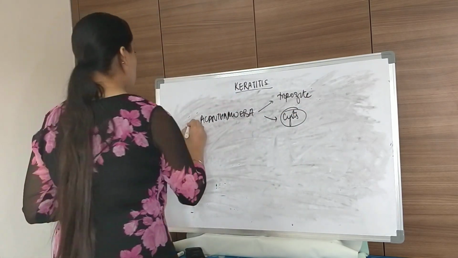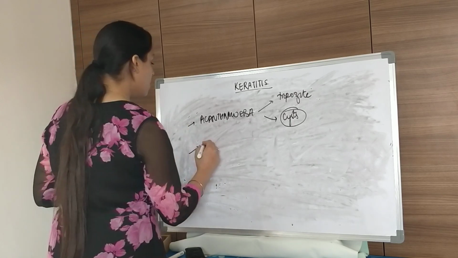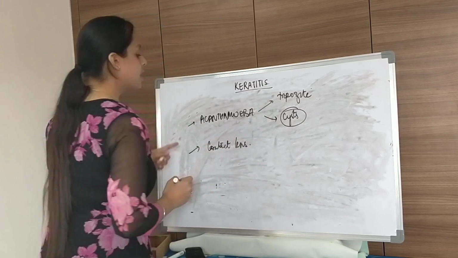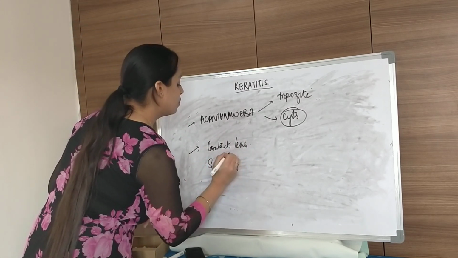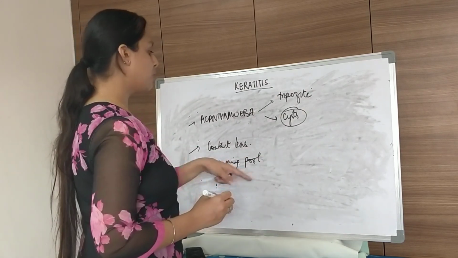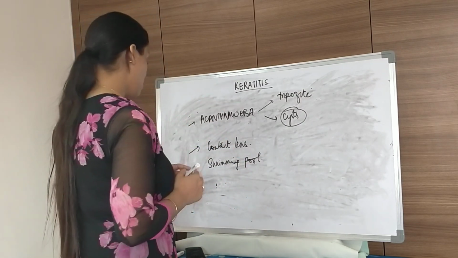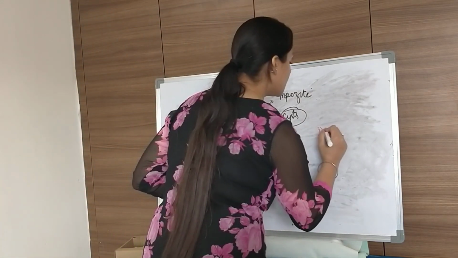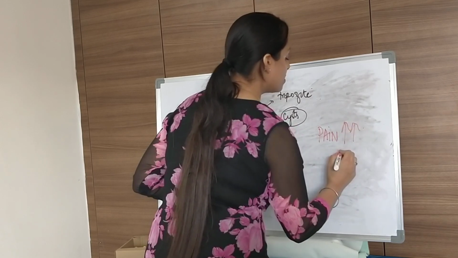So what is the mode of transmission? How does this infect our cornea? Mainly in contact lens patients and patients who use swimming pools. When patients go into a swimming pool or contaminated waters and take a bath, they can get this Acanthamoeba keratitis. Another peculiar feature is that the pain in Acanthamoeba keratitis is very, very severe in comparison to the signs.